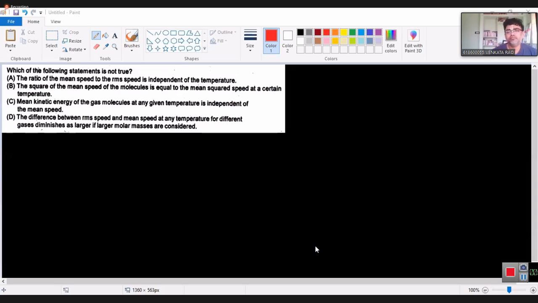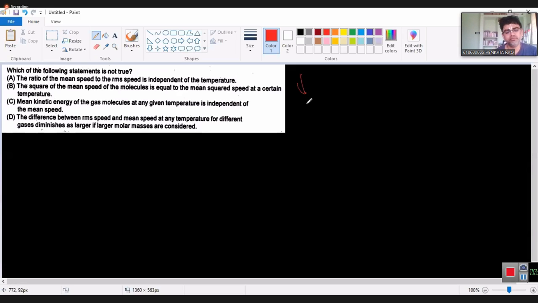Now, the question under discussion is, which of the following is not true? The ratio of mean speed to the RMS speed is independent of temperature.